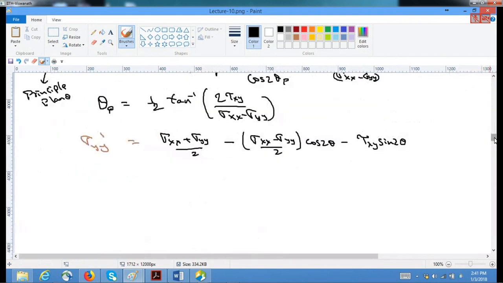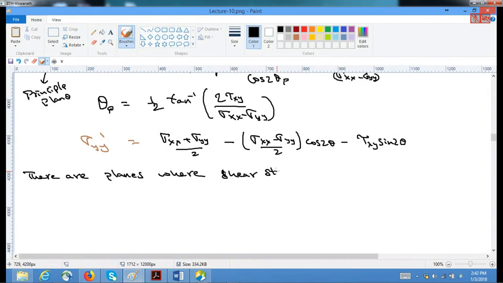Now similarly, there are planes where your shear stress is maximum.